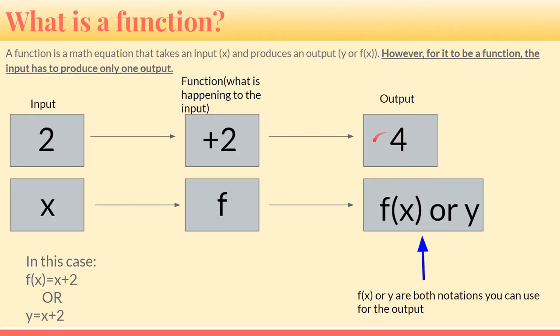It can't produce like 2 or 3 outputs. Then it wouldn't be a function. And also another thing I want to point out is that sometimes multiple different inputs can produce the same output, but that would still be a function. Okay, so let's go to the next slide.